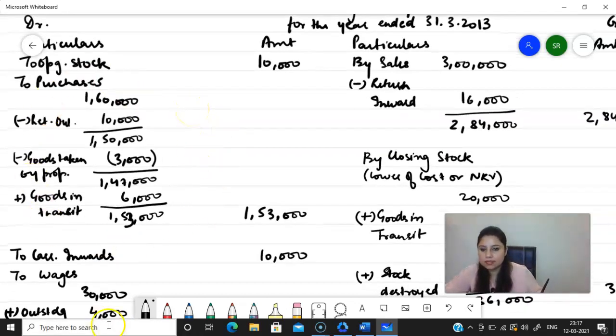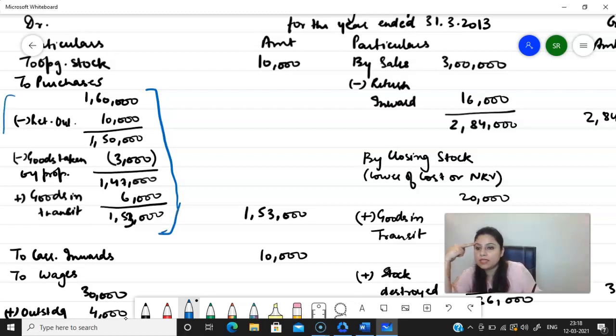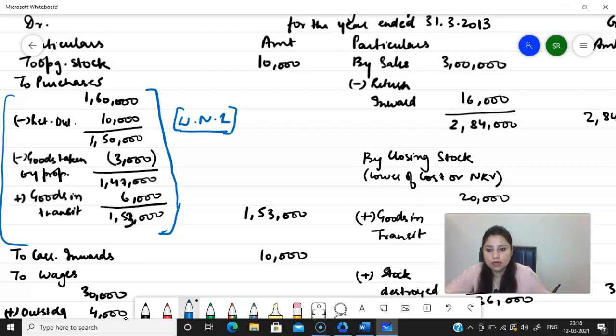So opening stock we didn't make any adjustment, so we could have just put down the figure here as it has been given in the question. Here in the purchases, such adjustments as we have done directly in the trading account, we could have drafted a working note 1 and then quoted such working note 1 in the trading and P&L account.